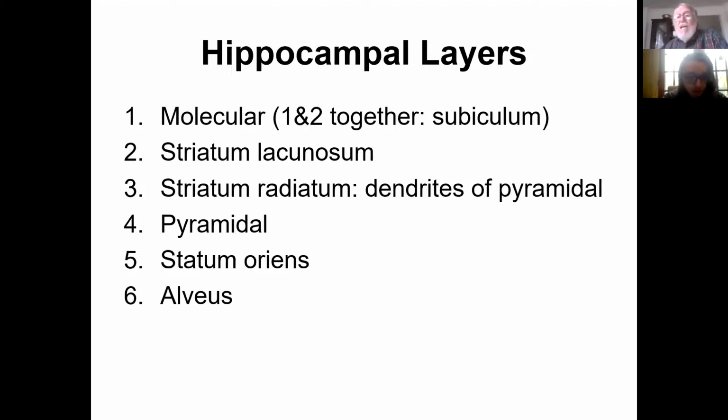Then I described the raphe nuclei. Then I described the nuclei of the substantia nigra pars compacta that form the nigrostriatal tract. Then we described the dopamine nuclei, 50% of them in the ventral tegmental area, that would do either the mesolimbic projection or the mesocortical projection. Then we described all of the amygdaloid nuclei and how they were interconnected with each other, and the differential amounts of inputs and outputs that then defined how that amygdala would work.